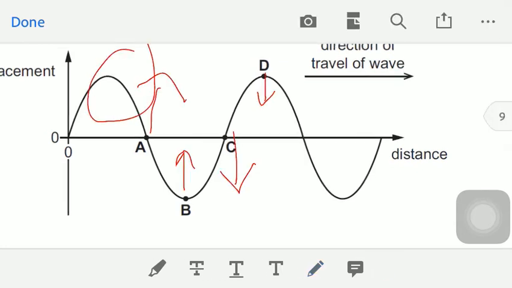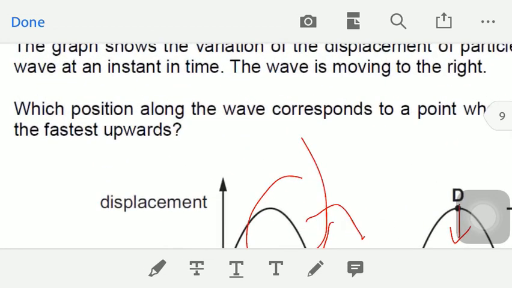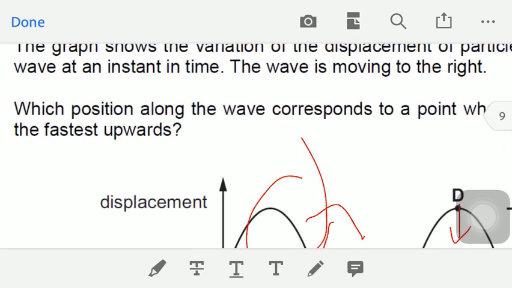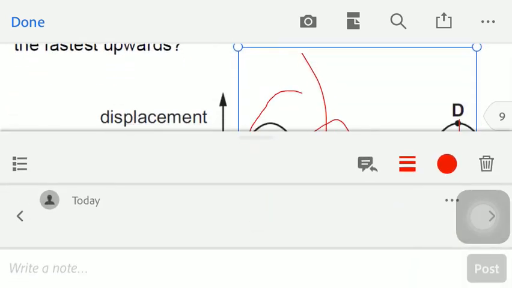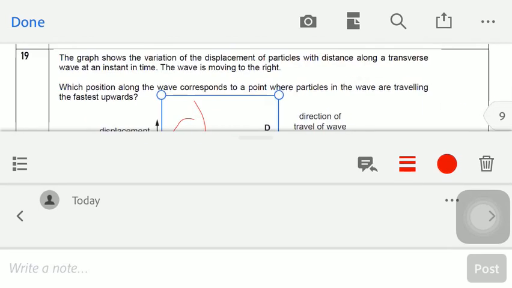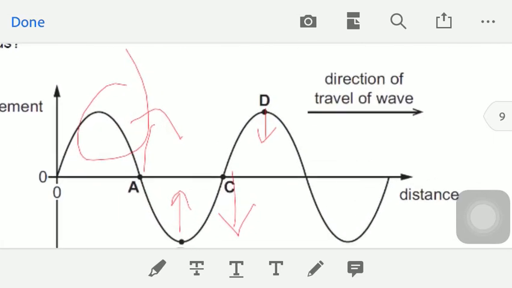The question is asking you to find the fastest upward one.